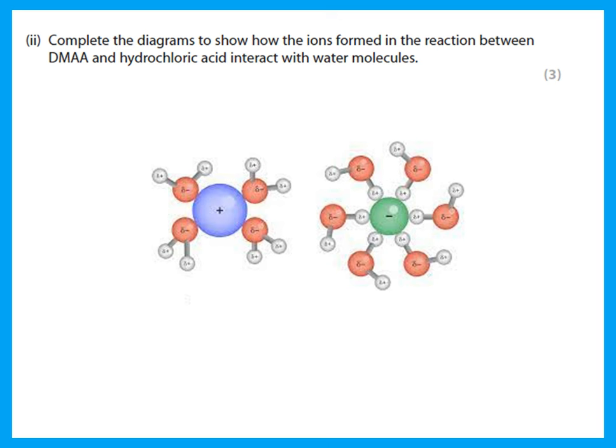It has the oxygen end, which is slightly negative, and it has the 2 hydrogens, which are slightly positive. So if it is surrounding the positive ion, it is the slightly negative oxygen that will be attracted towards it. Or if we're surrounding the negative ion, then it is the slightly positive end of the water that surrounds the negative ion.